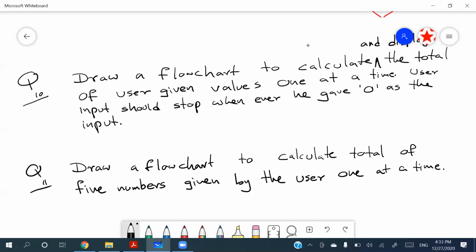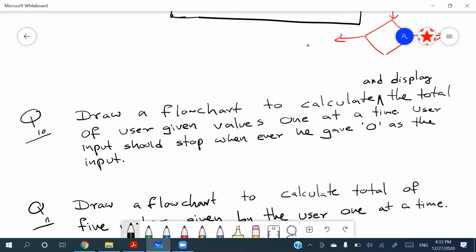Try the 11th one as well. People who have done the 10th, you can go with the 11th.